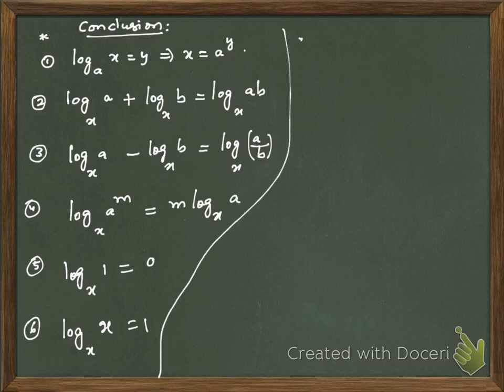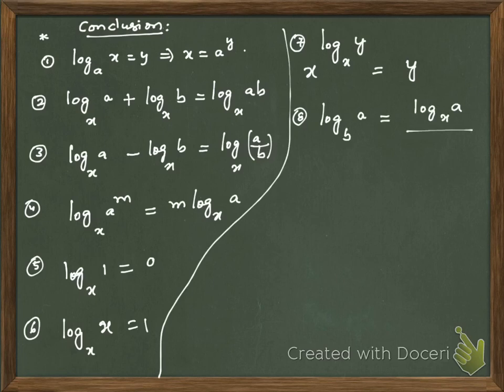And the seventh formula that you have is x power log of y to the base x will be y. And if you have log a to the base b, then this can be written as log a to the base x whole divided by log b to the base x, which in turn can be written as 1 by log b to the base a.